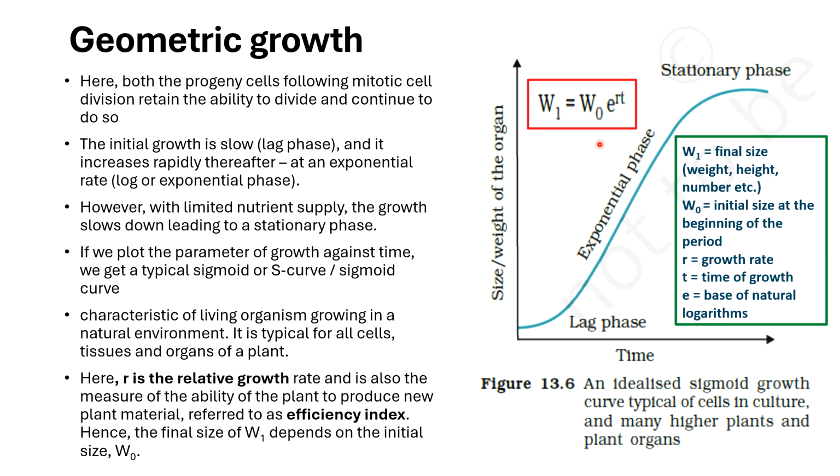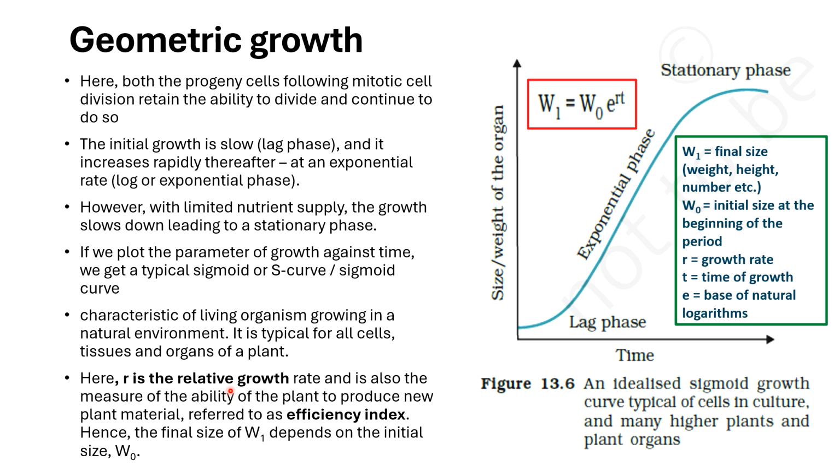Mathematically, we can represent it as W1 = W0 e^(rt). That is, weight at time t is equal to W0, the initial weight, times e^(rt). e is the base of natural logarithm, t is the time for the growth, r is the growth rate, and W0 is the initial size in the beginning of the period, right?